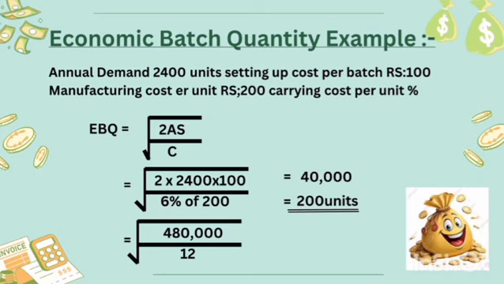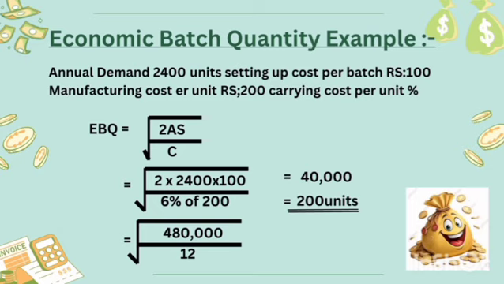Root of 40,000 equals 200. So our EBQ, the most optimum quantity which we should produce in a single batch, is 200. Right, so now you have an idea about calculating this simple problem.